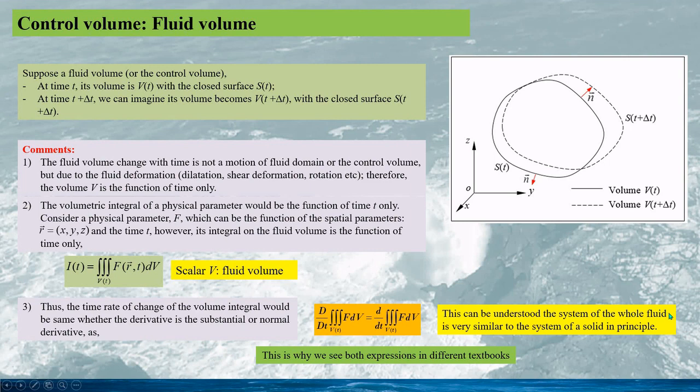The system of the whole fluid is very similar to the system of a solid in principle, even though the fluid inside the control volume is very complicated. But the overall behavior of the whole fluid would be similar to the solid dynamics.